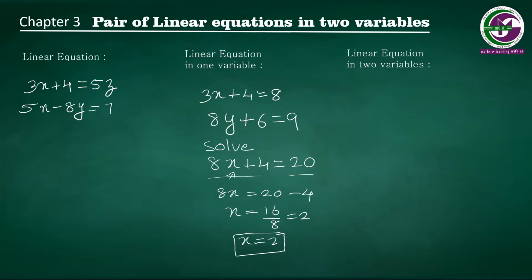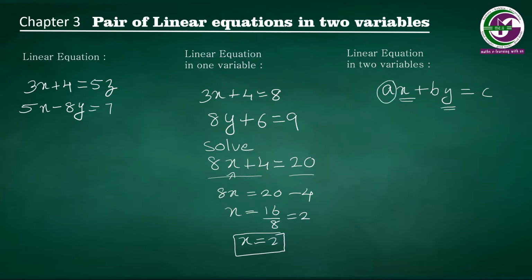Now, linear equation in two variables. Whenever a linear equation contains two unknowns, two variables, it is called a linear equation in two variables. The general form of a linear equation in two variables is ax plus by equals c. So there will be an x term and a y term.